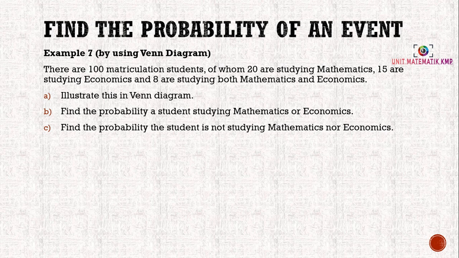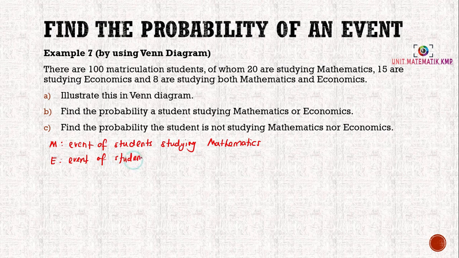Before we do the Venn diagram, we need to name the events. M refers to the event of a student studying mathematics, and E for economics, the event of a student studying economics. Now we have a Venn diagram.